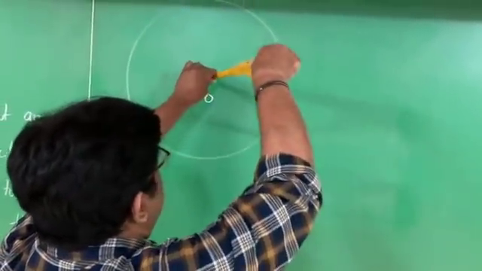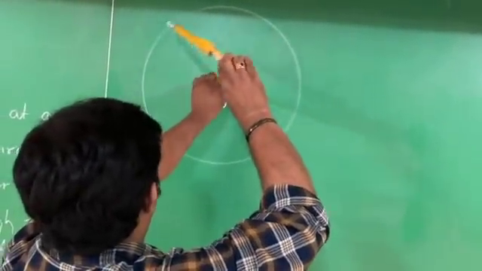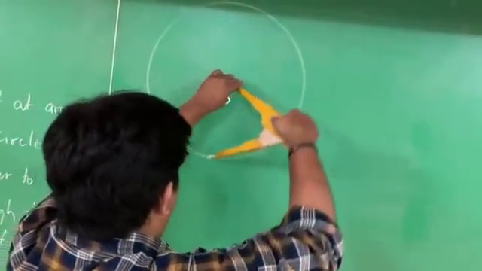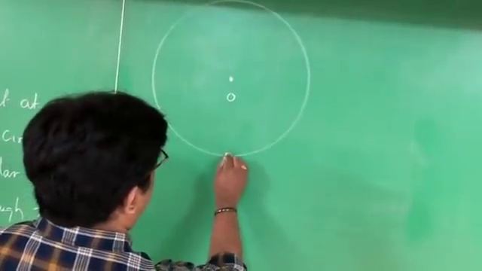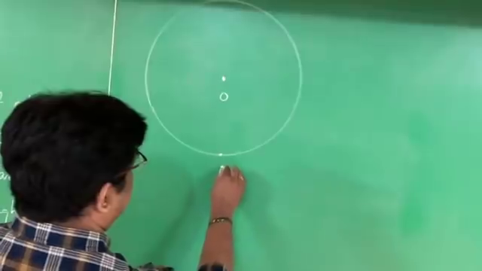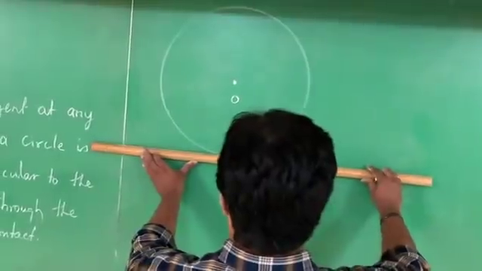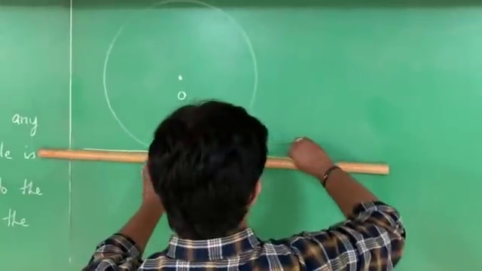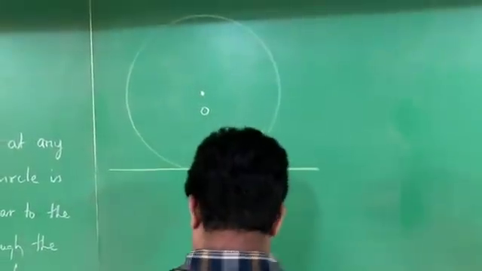Now I identify a point on the circle and mark this point as P. Tangent at that point of the circle means I draw the tangent here. Now I name this tangent XY.